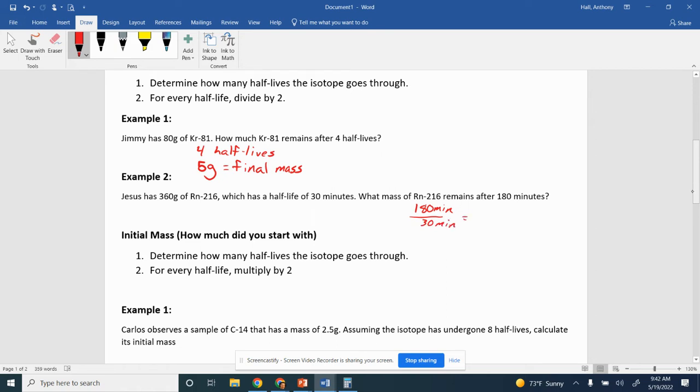So how many half-lives are we going to end up with here? 6 half-lives. Very good. So now that we know our 6 half-lives, it's just like what we did in example 1. So you go ahead and solve and see if you can figure out what our mass is going to be for example 2. All we did is we took the total time, divided it by how long a half-life is, and that tells us how many half-lives there are. So 6 times.